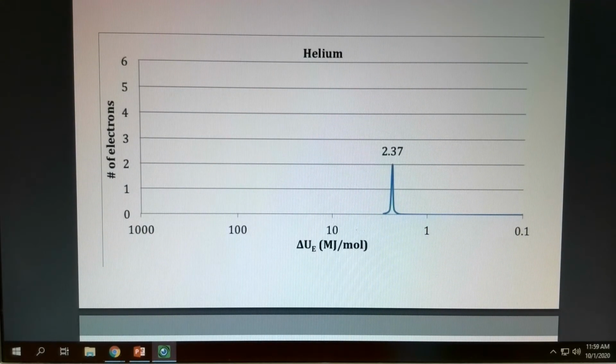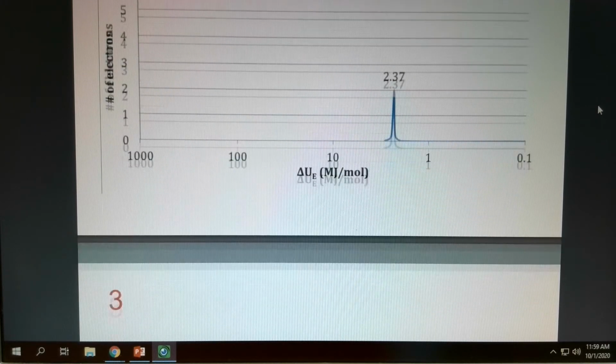So it's a taller peak because it has 2 electrons, but still only 1 peak because those 2 electrons are in the same orbital, the 1s orbital. Also notice that the energy required went up. Why is that? Because helium has 2 protons in the nucleus versus hydrogen only having 1. So it has a greater effective nuclear charge and therefore harder to remove the electrons from.